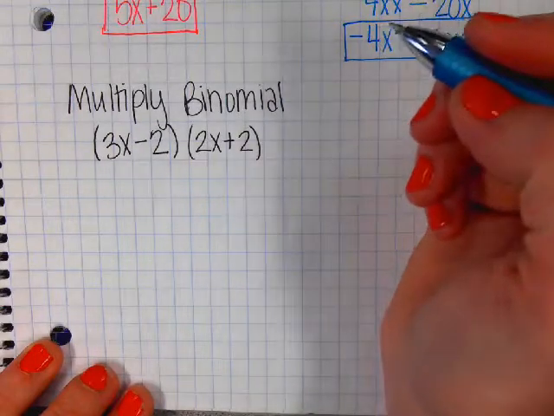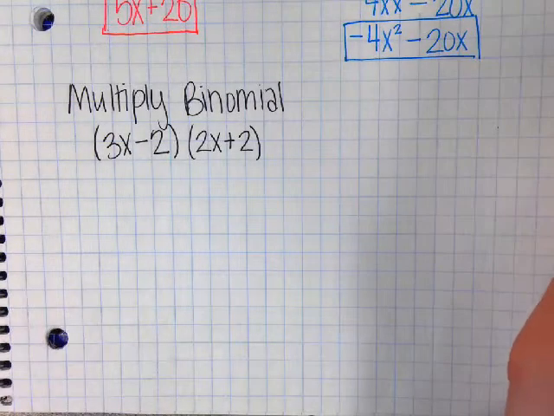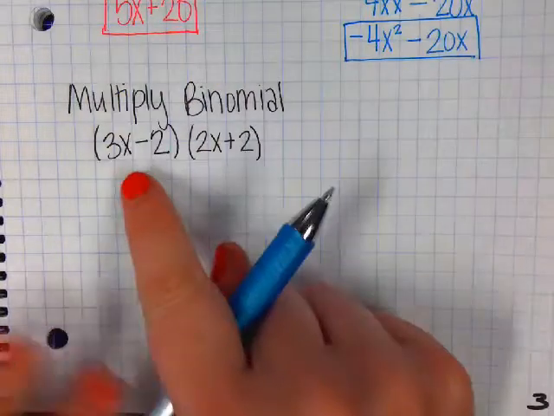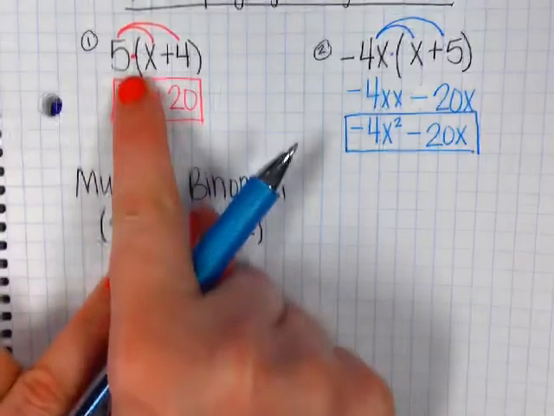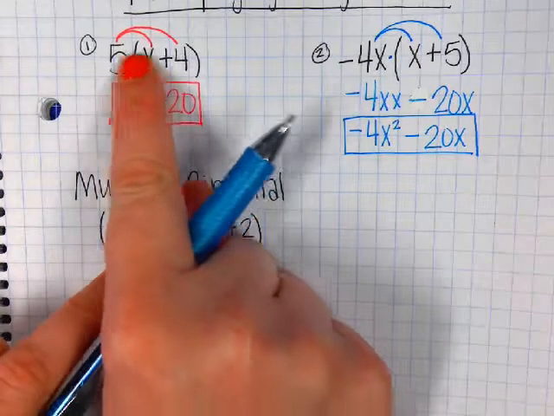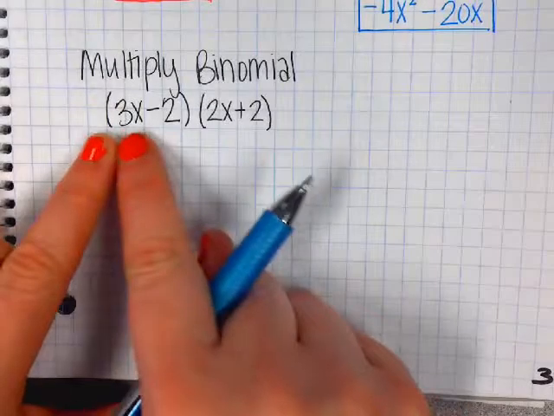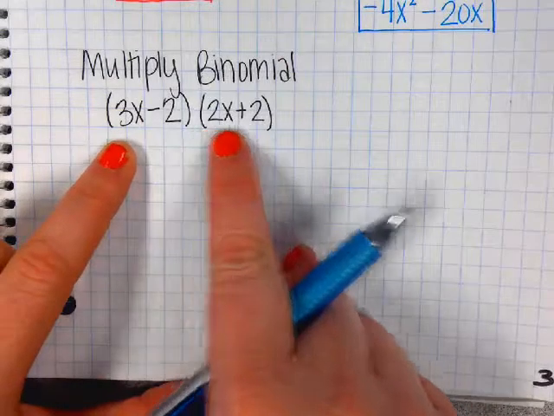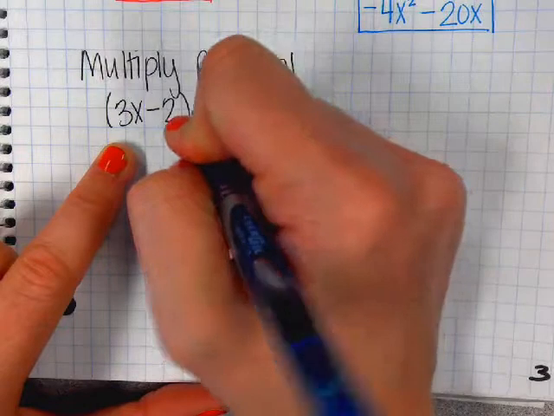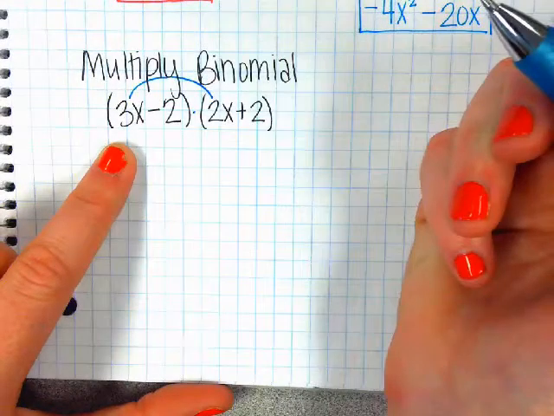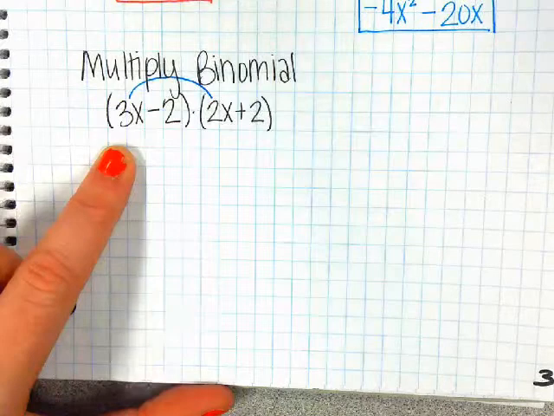Okay. Now, watch this. I want everyone to watch. So, notice up here on this problem, I only multiplied the 5 times the x because there was only one term. This one, I have two terms in this parentheses and two terms in this parentheses. So you're going to have to distribute the 3x times the 2x.